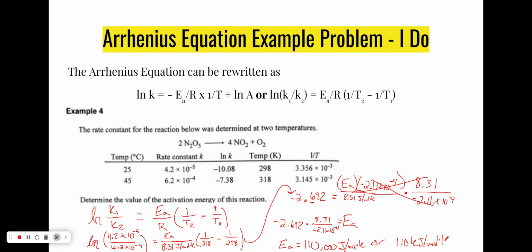And that would be the E-act for this chemical reaction. Okay, so again, that's what the Arrhenius equation is used for. It's to relate the rate constant with respect to temperature to the energy of activation. Okay, guys. With that being said, let's continue on now to our next topic.